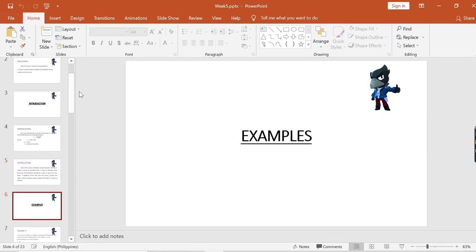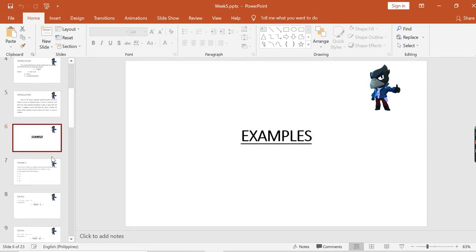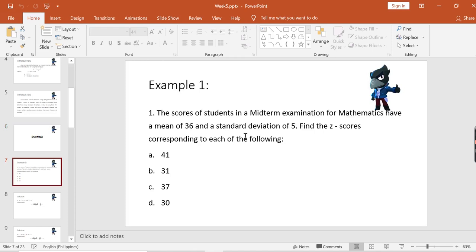So to further clarify things, let's have some examples. Remember, our goal here is to learn how to convert an X score to a Z score. For example, the scores of students in a midterm examination for math have a mean of 36 and a standard deviation of 5.